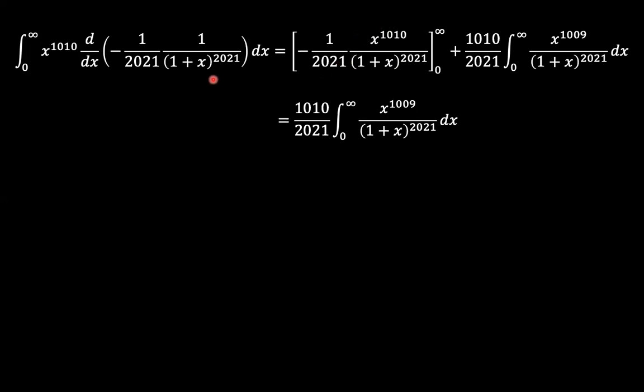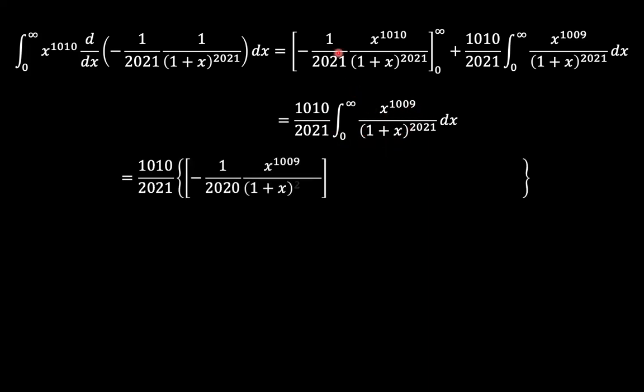And so what we're left with is that the integral of the product of these two functions is 1010 over 2021 times a very similar integral with the powers of both the denominator and the numerator reduced by 1. And then if we continue applying the same solution to what we have here, we see that now we have this extra constant here, while we know that this would tend to 0.